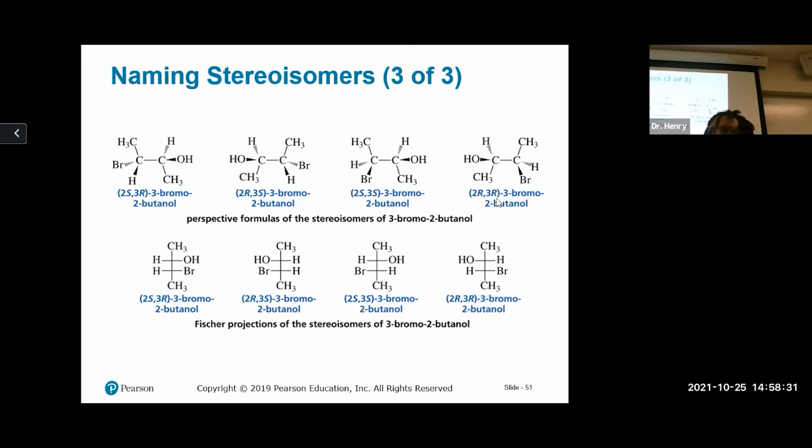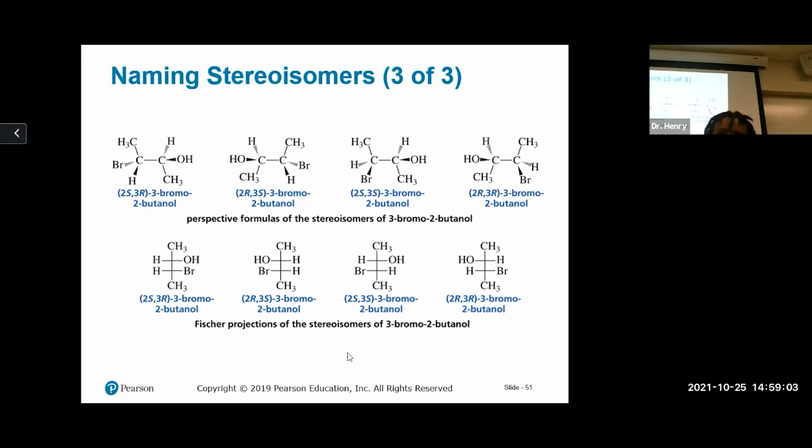So these are all four in this case. These are enantiomers of each other. These are enantiomers of each other. These are called what of each other? Diastereomers.